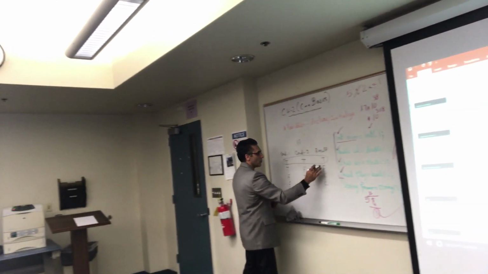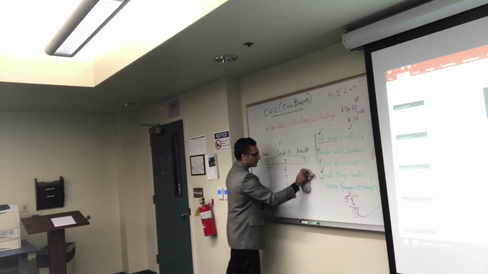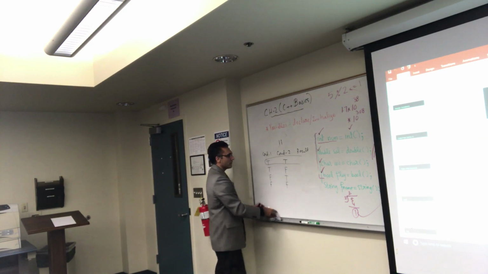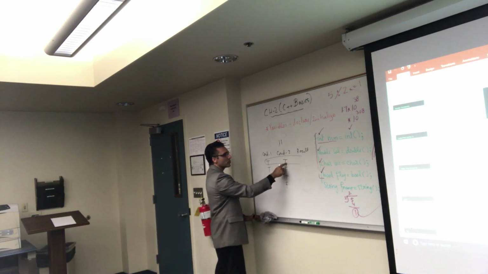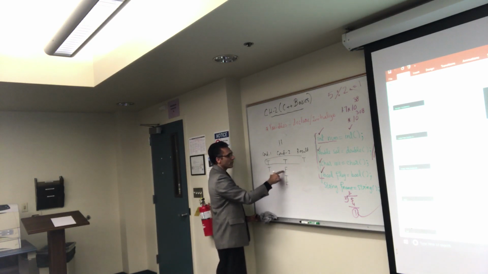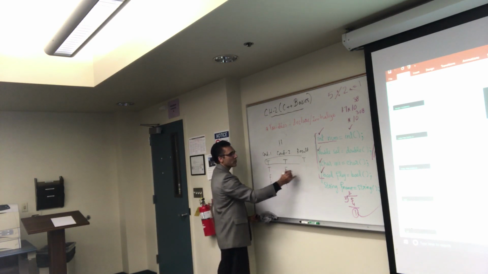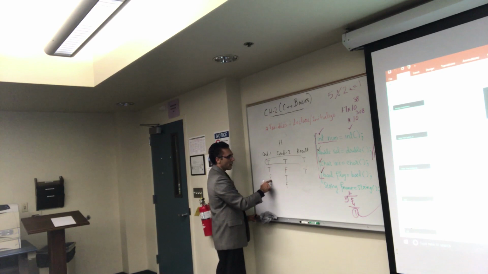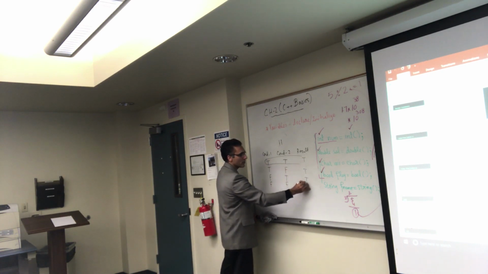So in case of OR, the first condition is true, second is true, result is true. First is true, second is false, true, absolutely. False, true, true. False, false, false.